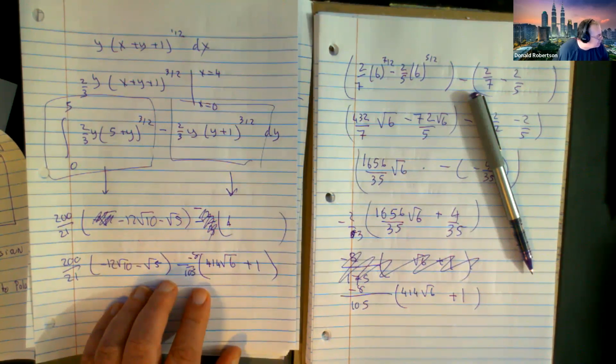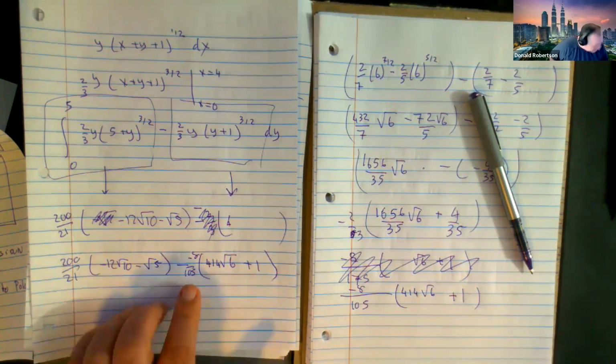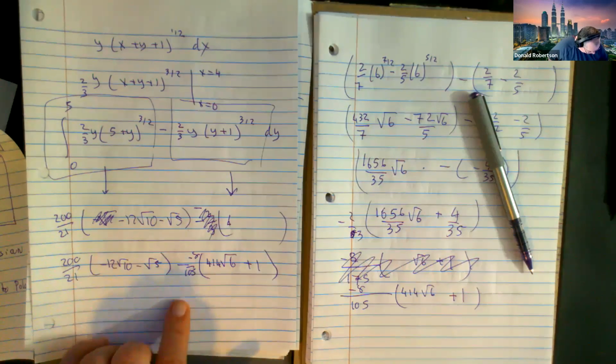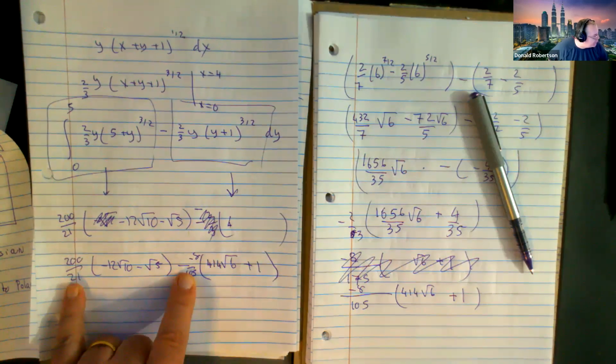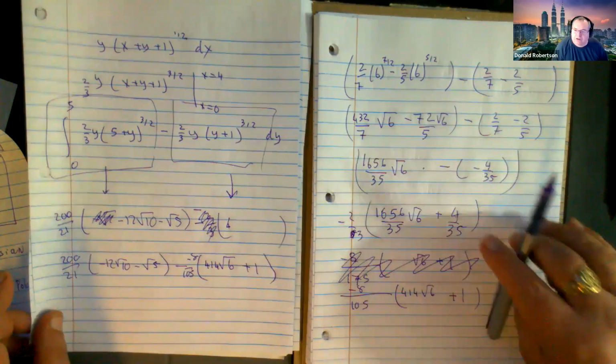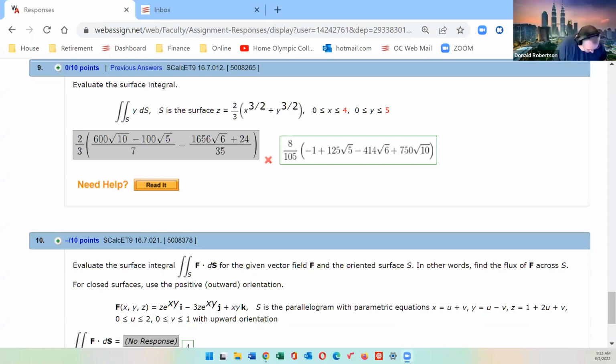Question 8. It's 8/105. Ooh, they have put everything together, and according to them, you can actually get a common factor out of all of those terms. At least I can see the 8/105, right?